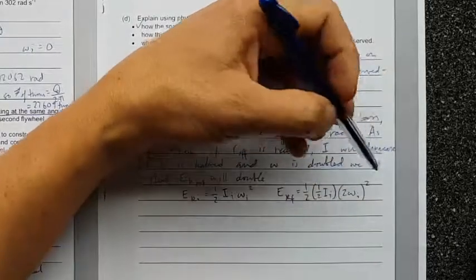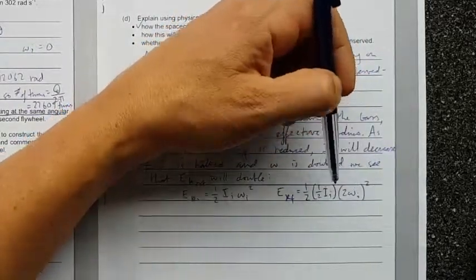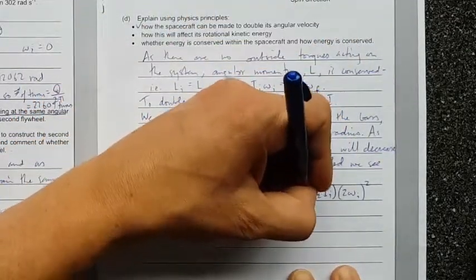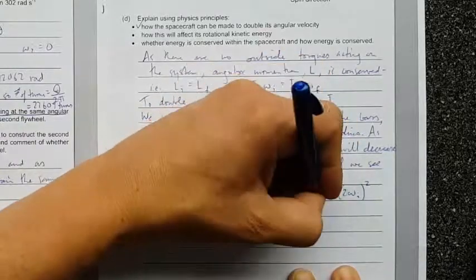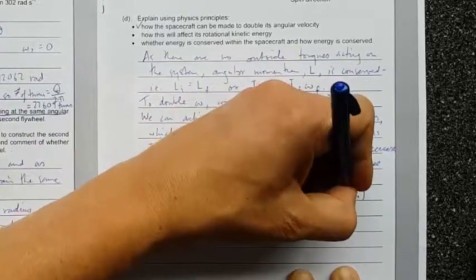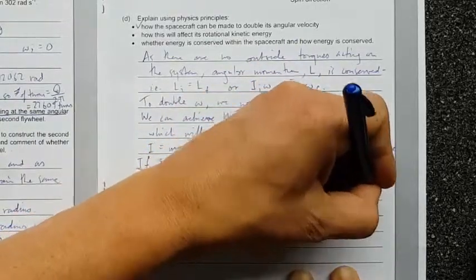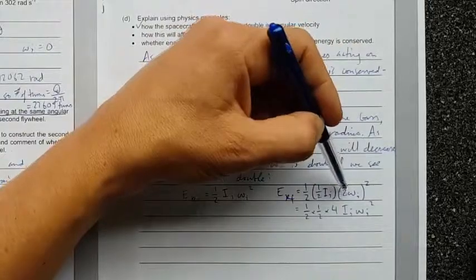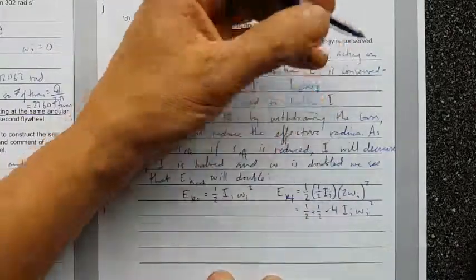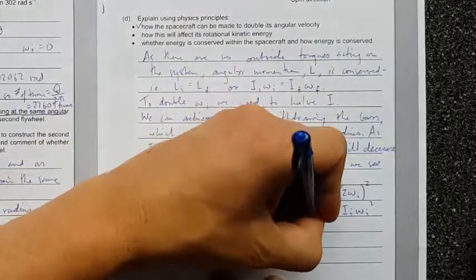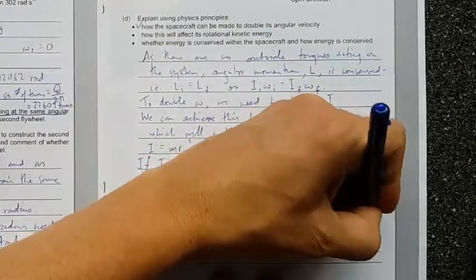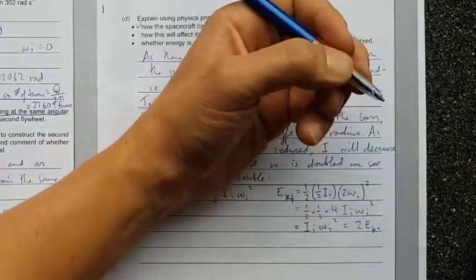So we've now doubled the initial angular velocity and halved the initial rotational inertia. We get a half times a half times 4 I initial omega initial squared. So we squared the 2, we multiplied out the half. Half times 4 is just 1. So that's equal to I initial omega initial squared, which is equal to 2 EK initial.